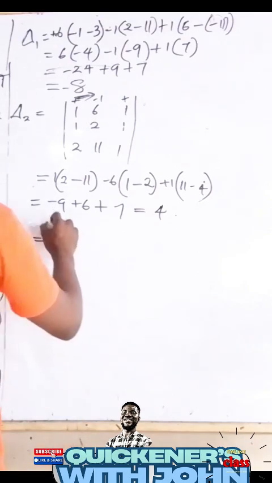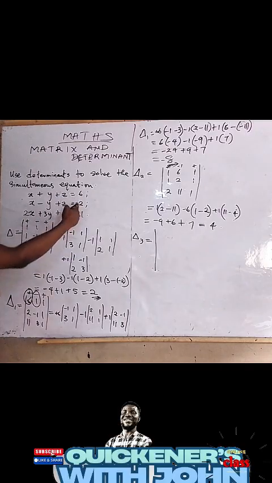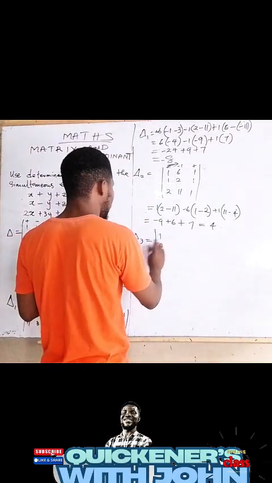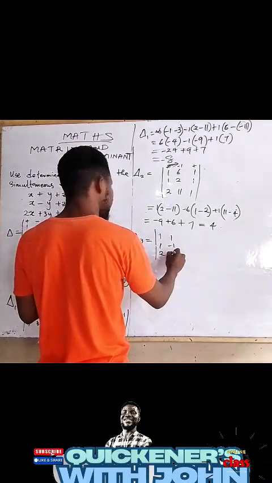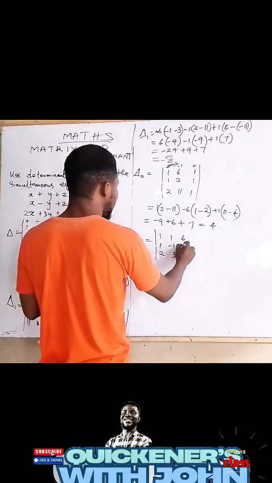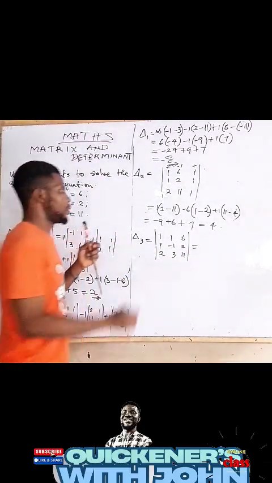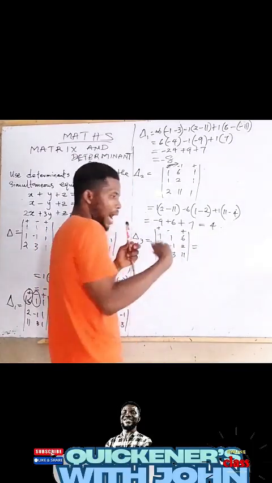I'm going to be passing delta 3 also because of time. So let's go. So I'm replacing the last coefficient, of z, with 6, 2, 11. So what do we have now? 1, 2, 1, 1, 1, 2, okay? 1 minus 1, 3, and 6, 2, 11. So what would that give me now? So remember plus, minus, plus, okay? So I'm going to be fast, you know.